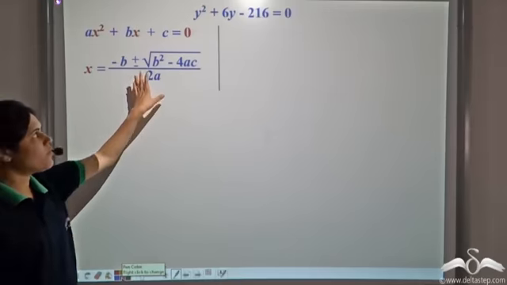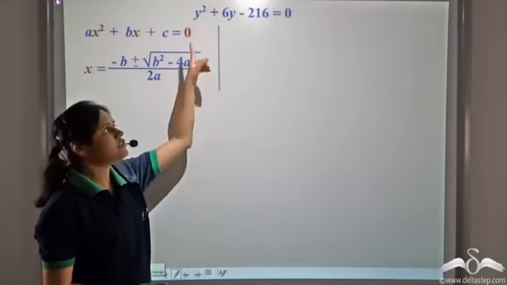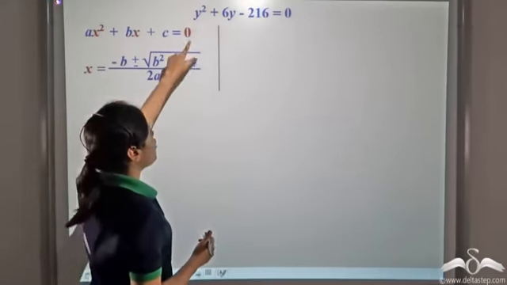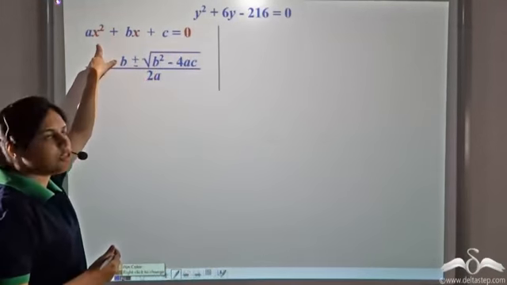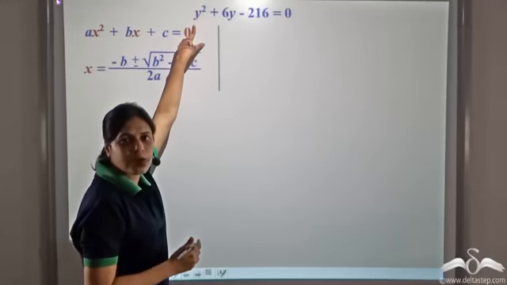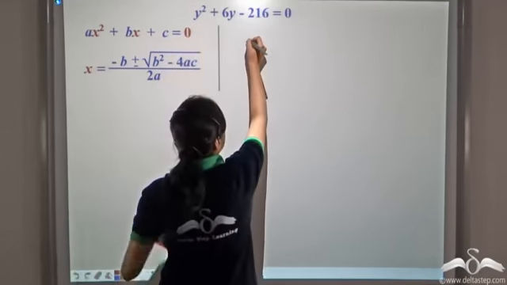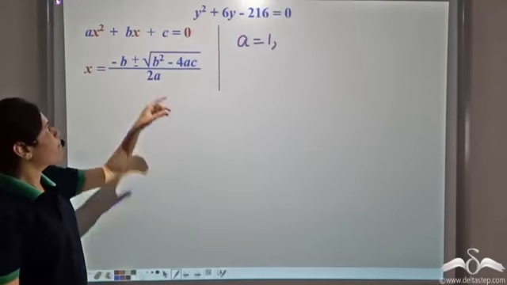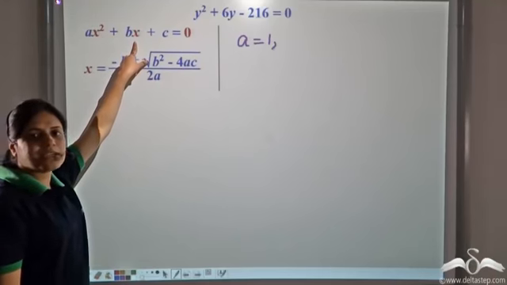First, let us see what are a, b, c for this equation. A is the coefficient of x square here. So in this equation, a should be the coefficient of y square, which is 1. So a is equal to 1. B is the coefficient of x.